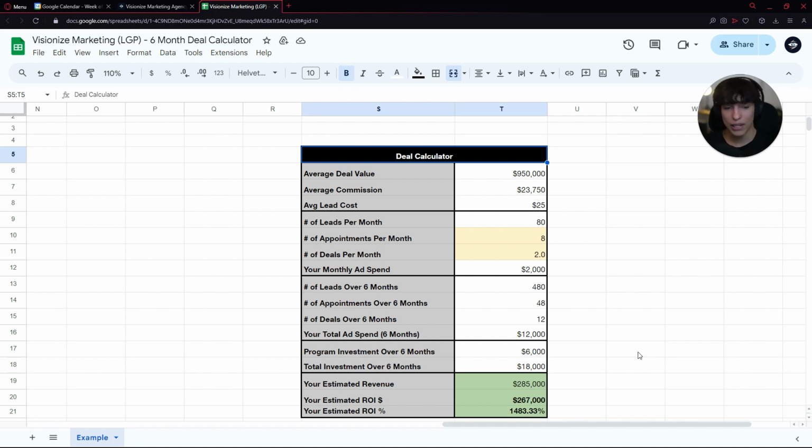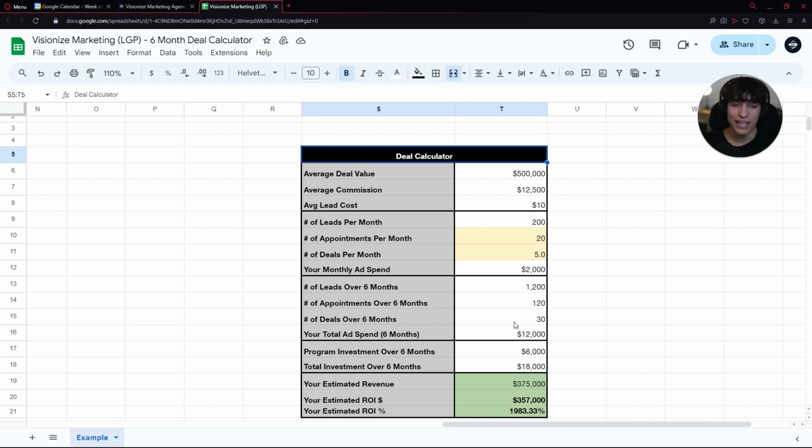Now, the one caveat with this is you would need the bandwidth to actually handle the amount of leads and appointments you're getting. So if our average lead cost, let's say, was $10, average house price was $500,000, as you can see right here, the ROI is very, very good. However, over a 6-month period, you're going to be dealing with 1,200 leads, 120 appointments, and 30 transactions.